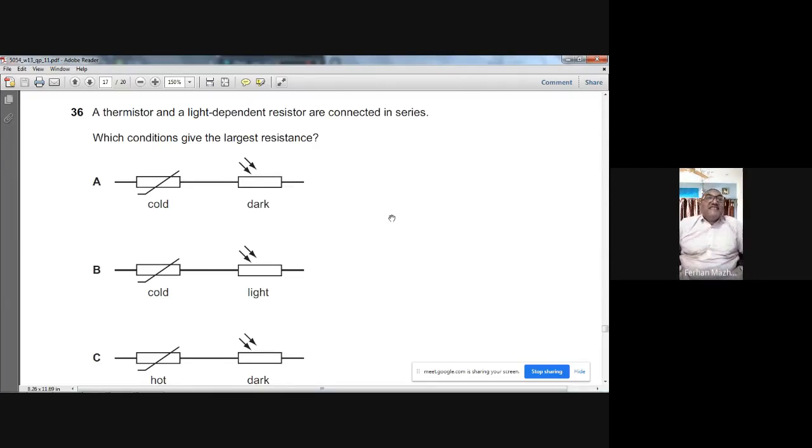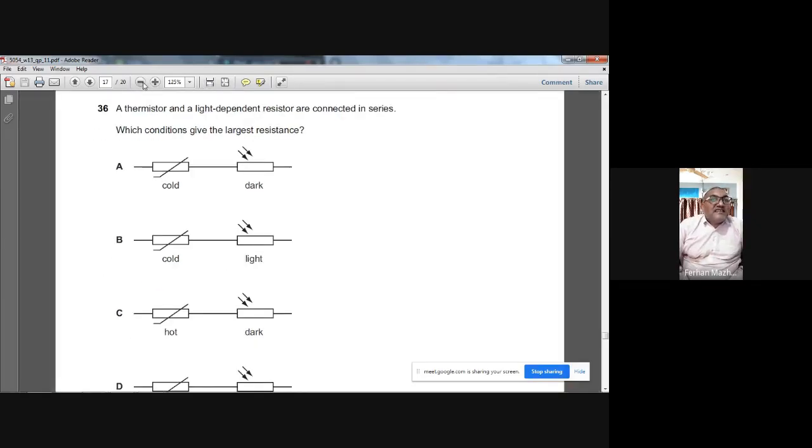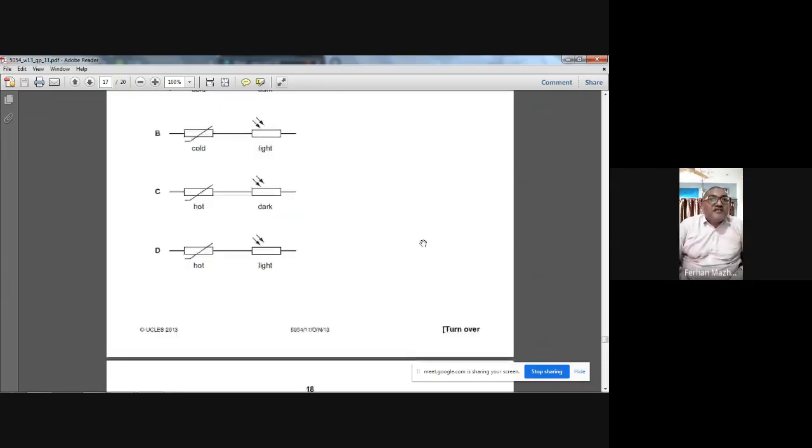So for 36, the largest resistance is when both of them have the largest resistance. The LDR has larger resistance when it is in dark, and the thermistor has the largest resistance when it is in cold. So cold and dark. So A is the option. For 36, A is the option.